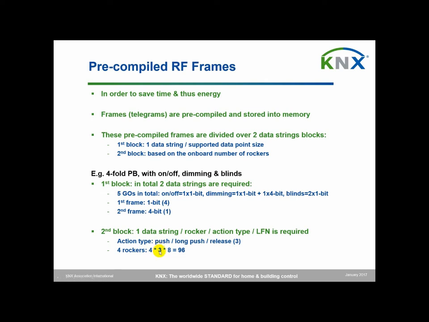So multiplied by 3. And then of course the LFN, the data link layer frame number, which is 8 in total, so from 0 to 7. That means in total we will need in the second block 96 precompiled frames for this device, for this 4-fold push button.